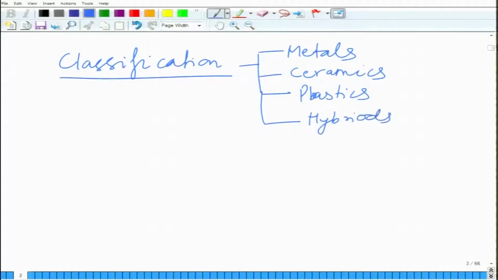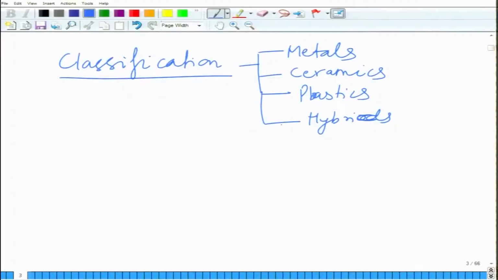Now these are basically on the basis of type of materials, in the sense that metals are strong and ductile, and they have high electrical and thermal conductivity, but they do not have good corrosion resistance. Ceramics on the other hand have very high strength, but they have very poor ductility, they are very brittle, they have low coefficient of thermal expansion and poor electrical and thermal conductivity.